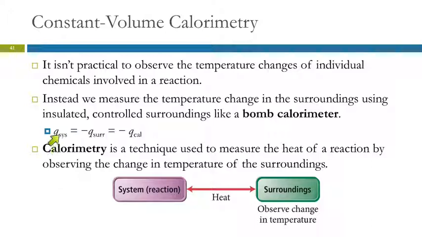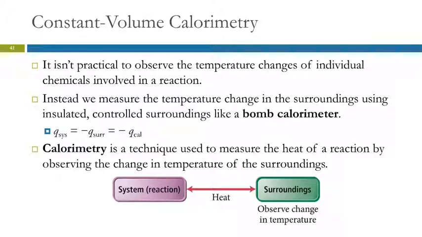So Q for the system, that's the reaction that we're interested in, is equal to negative Q for the surroundings. If one loses heat, the other gains it. It's the same number, it's just going in different directions, so the sign is different. So we can control the surroundings by making the only significant surrounding the calorimeter, and so we can say Q for the reaction is equal to negative Q for the calorimeter.